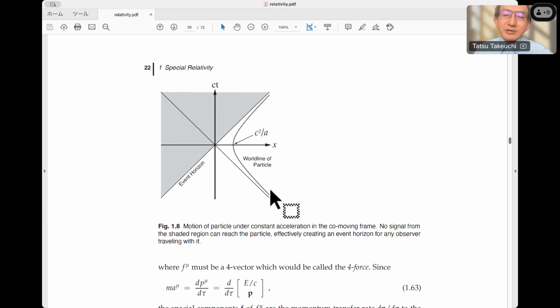So once you start thinking about accelerating frames, event horizons come out naturally. And if you explain it using accelerating frames, I think it's much easier to accept black holes when you introduce gravity, which amounts to allowing this flat space to curve.